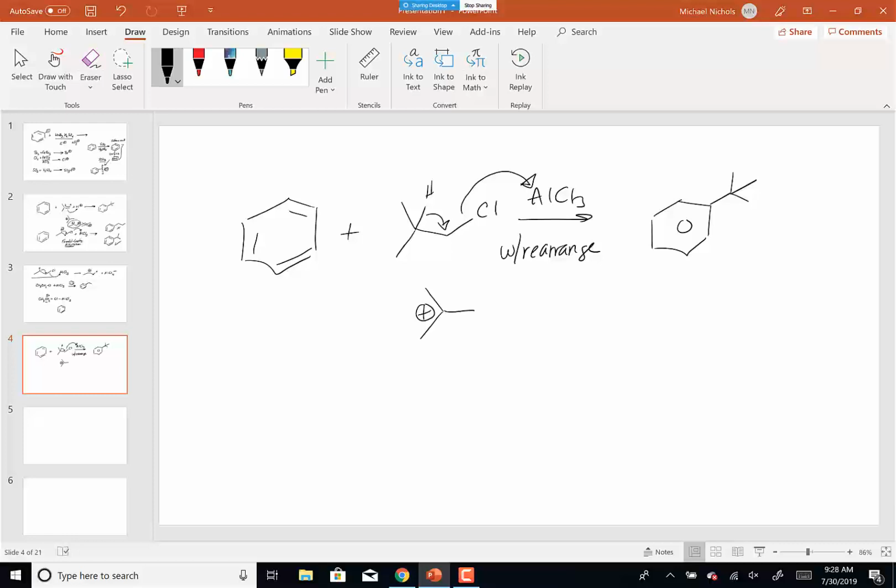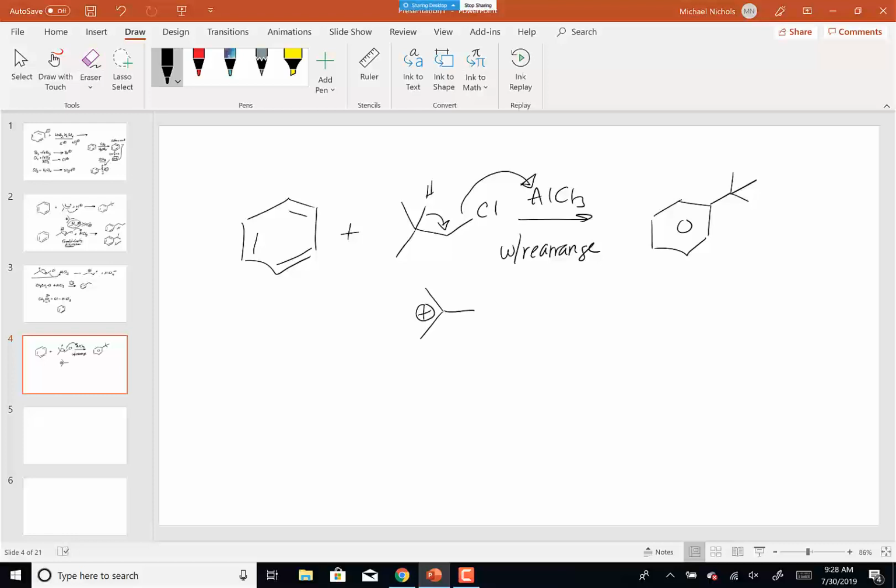And the reason I know this occurs is because when I was teaching at The Ohio University for 1 year, in lab, we were doing this electrophilic aromatic substitution reaction, but we were using iron tribromide, and I went to the stockroom and I accidentally got isobutyl chloride instead of tert-butyl chloride.